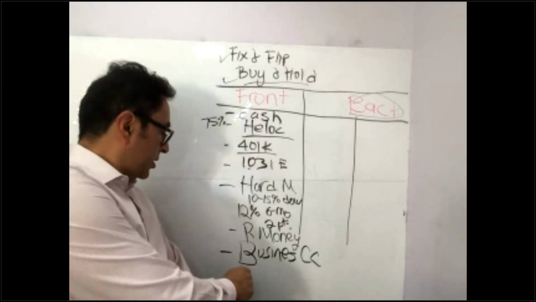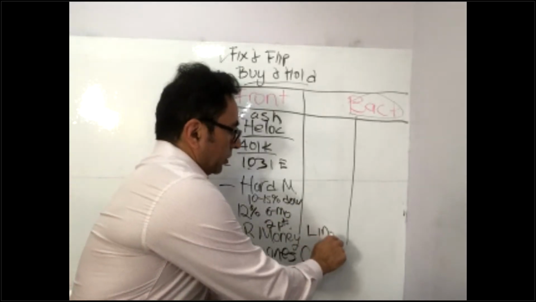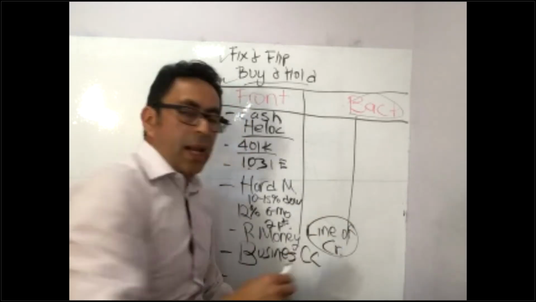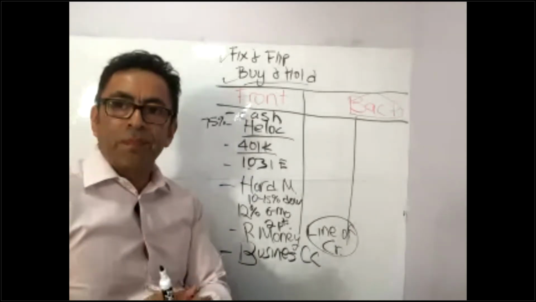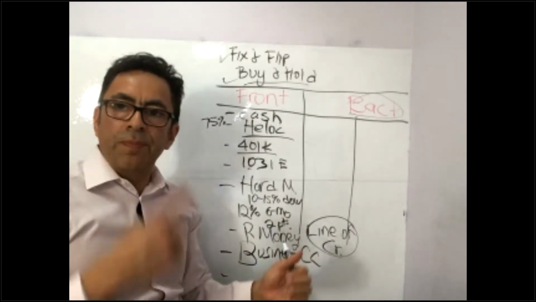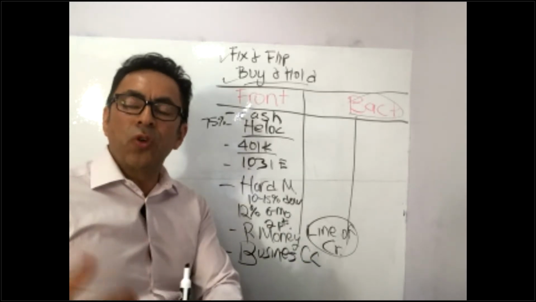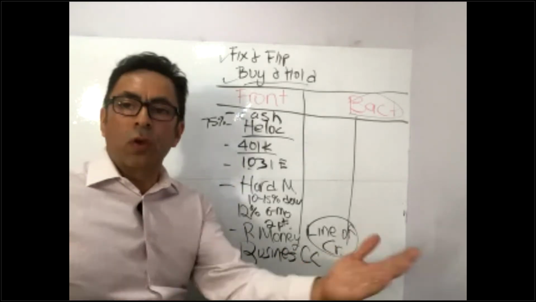The next option is line of credit. Okay, line of credit. For a line of credit, you're going to go to lenders, primarily hard money lenders, okay? And they're going to look at your liquidity. So based on your liquidity, they're going to give you a line of credit. So it's like a humongous credit card.